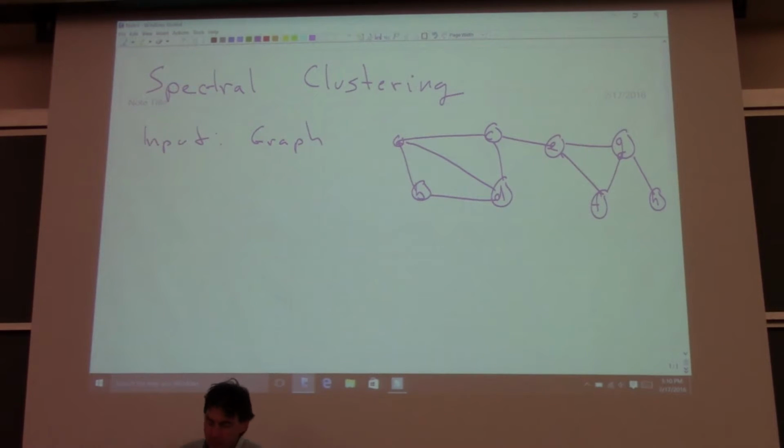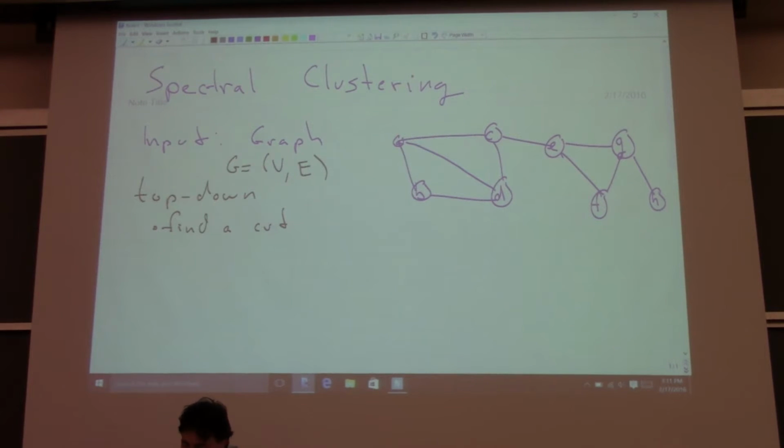Okay, so now to find a clustering of graphs, spectral clustering is going to be top down. What this means is that it's going to find a cut in the graph. We're going to take this graph G, often written as V and E, where V is a set of vertices and E is a set of edges.